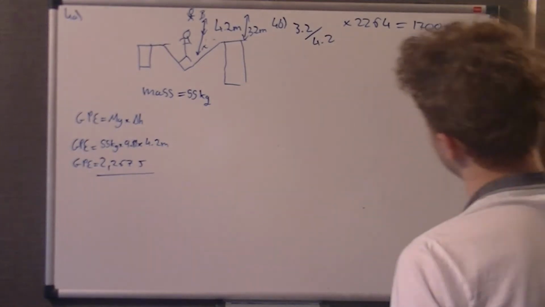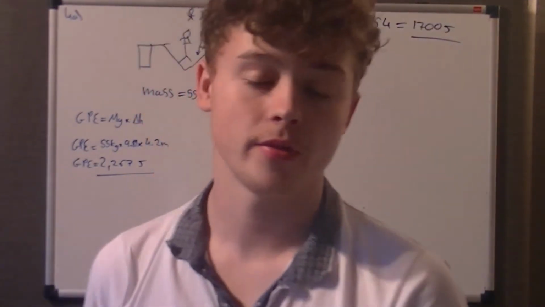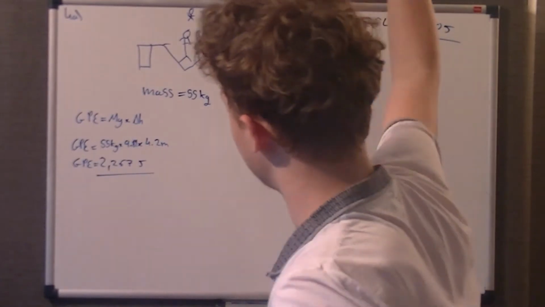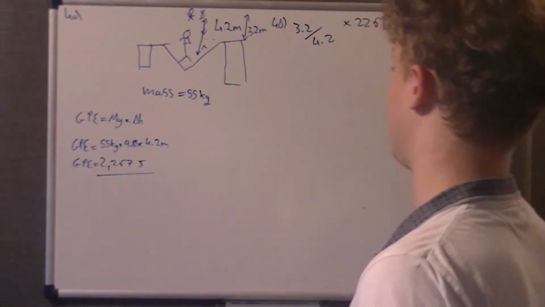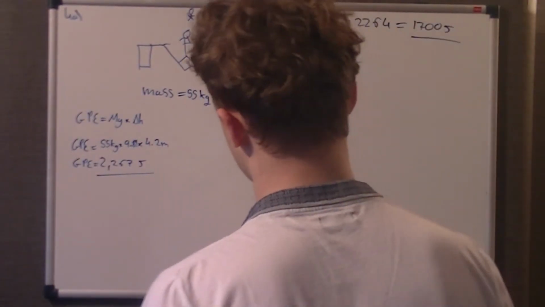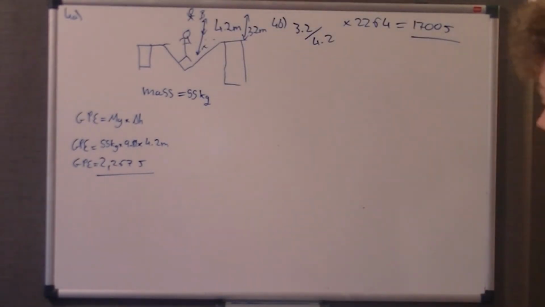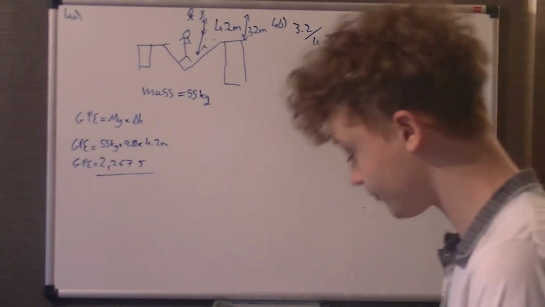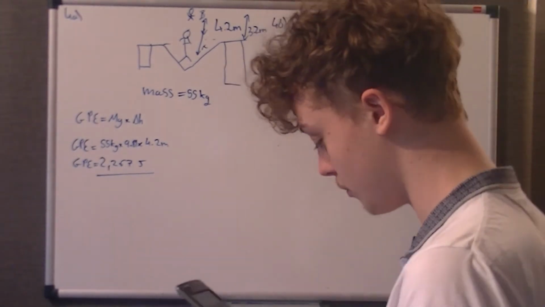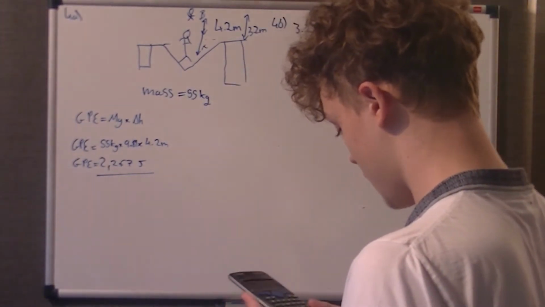Oh yeah, right, I know what I did before, if you were wondering. I assumed it was only 3.2 metres. So the way we could have worked that out is 55, 9.8 times 3.2.